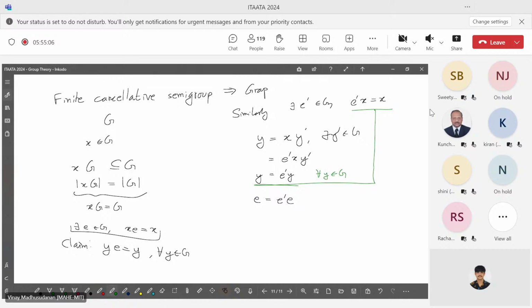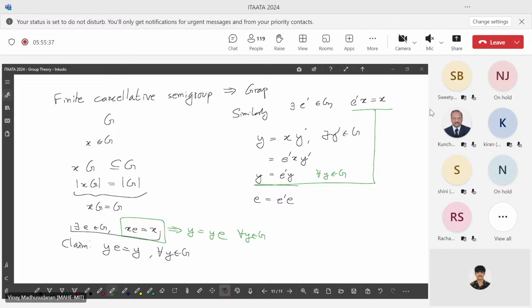So if you now start with this one, x equal to x, and make the same argument, what will that give you? It gives you y is equal to y for arbitrary elements y.